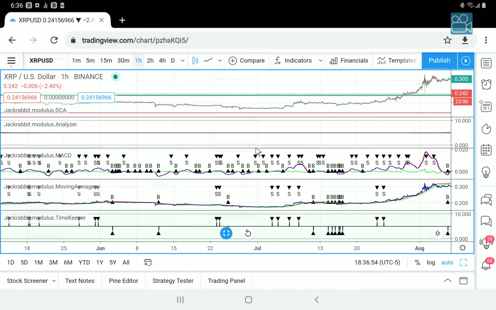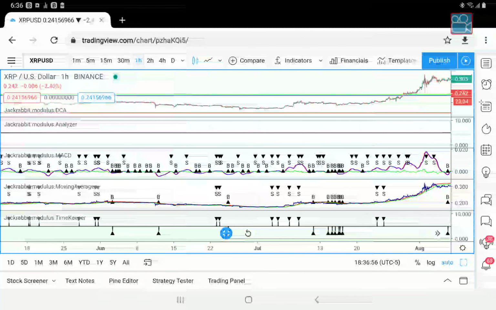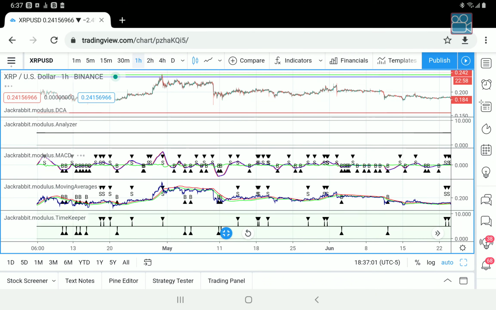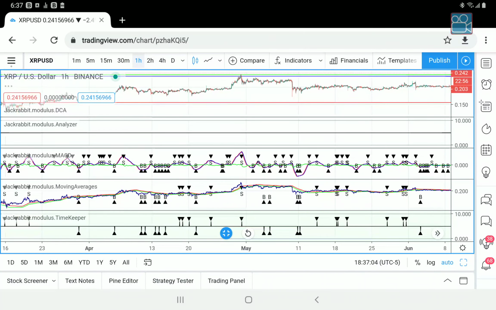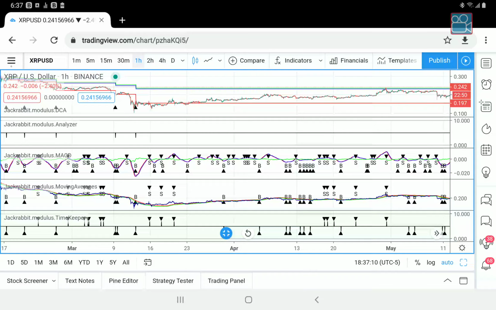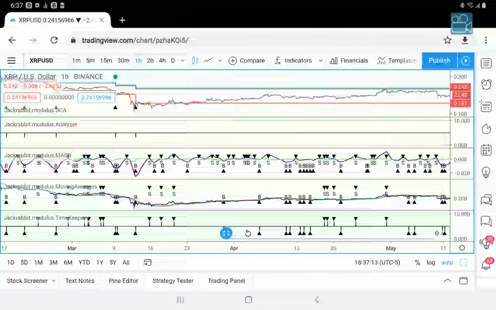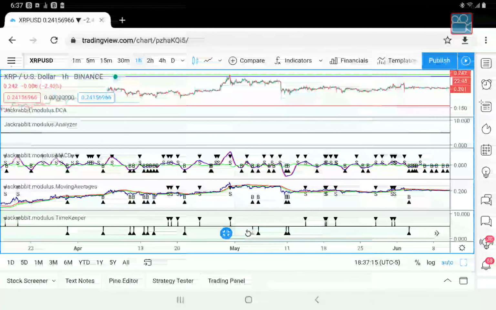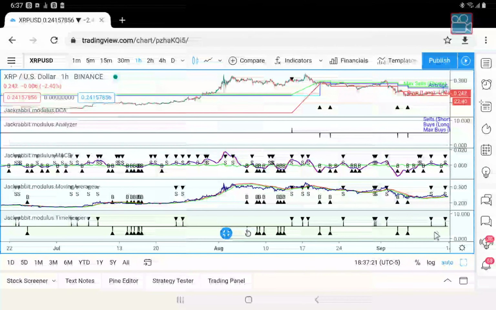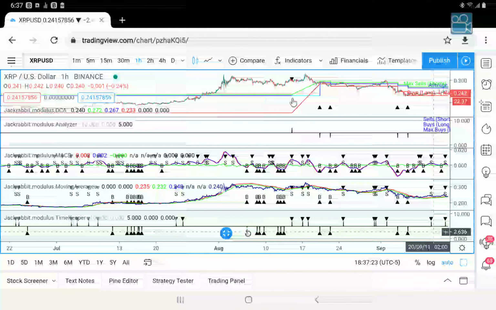We have August, July, June, 3, 4, 5 months of a stuck channel where this coin is just not going anywhere fast, and it's just making a bad situation worse. It finally broke in the middle of August. But for 5 months, this coin went absolutely nowhere.